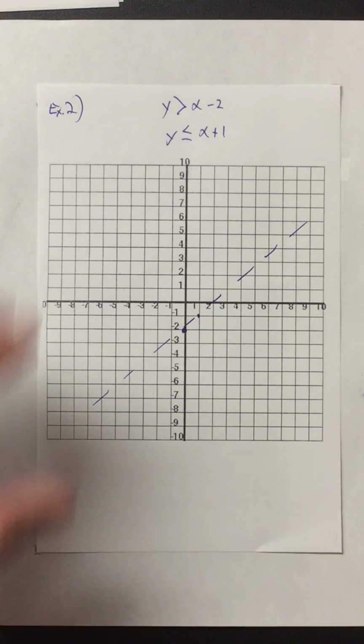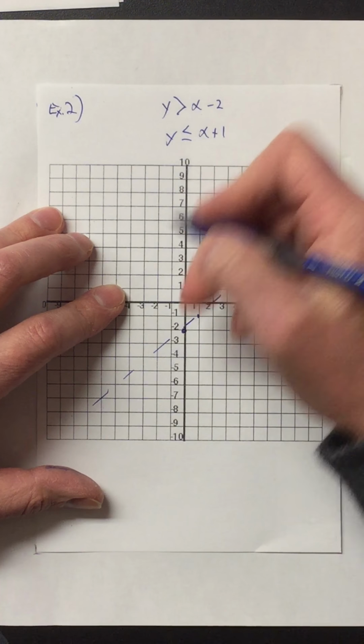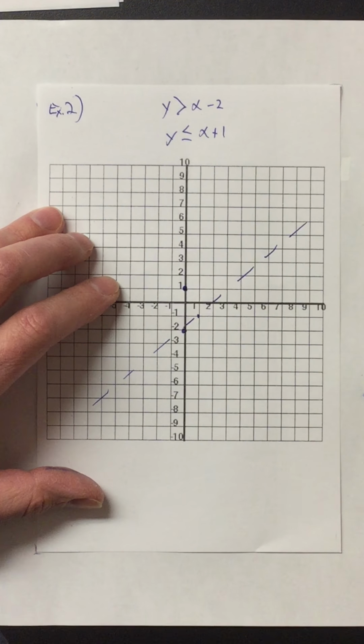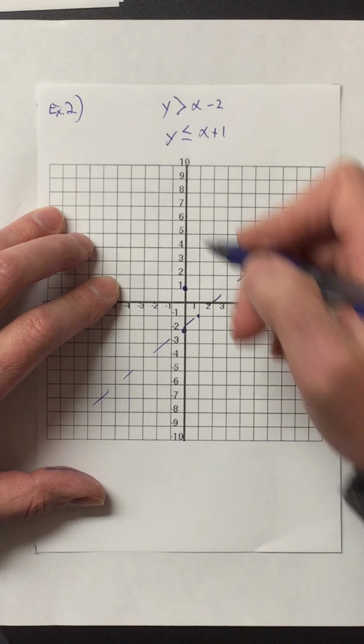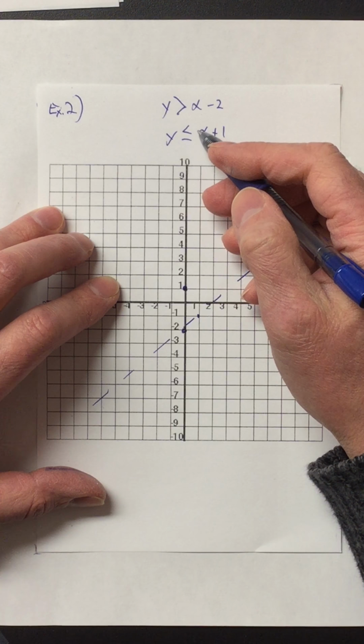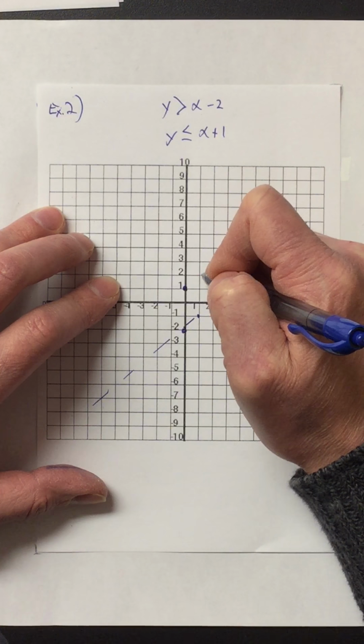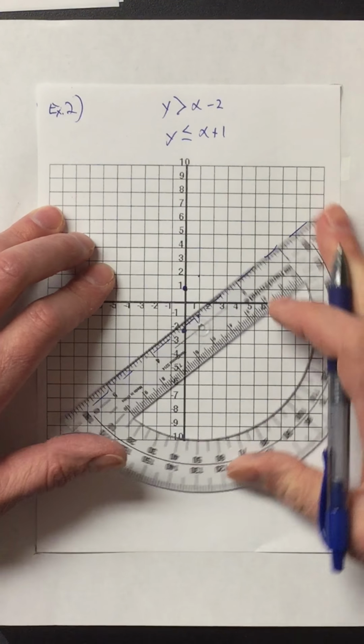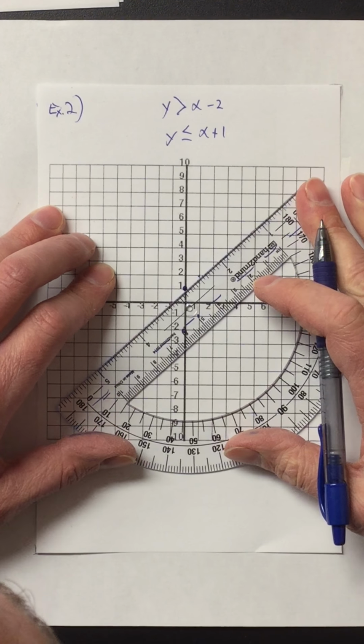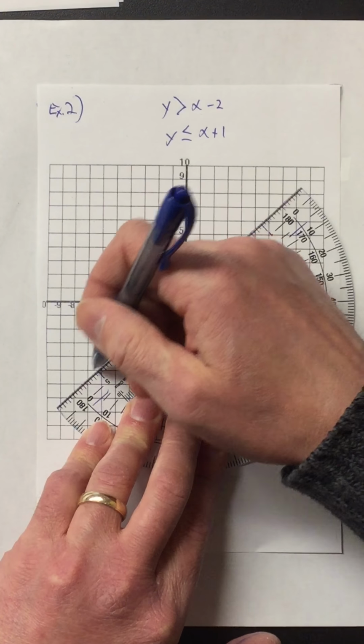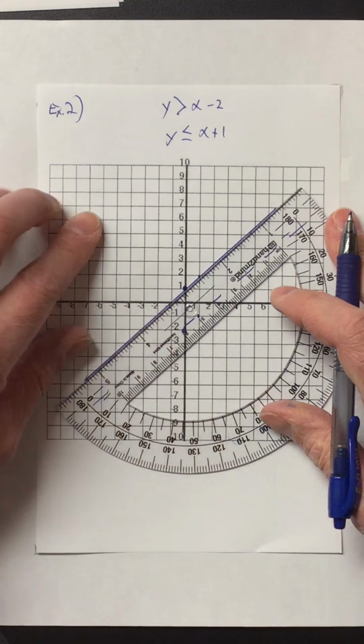Okay, let's graph my other equation. I have an intercept of 1, and then the same positive slope of 1 over 1. So it does include the line, so it's a solid line, not a dashed one.